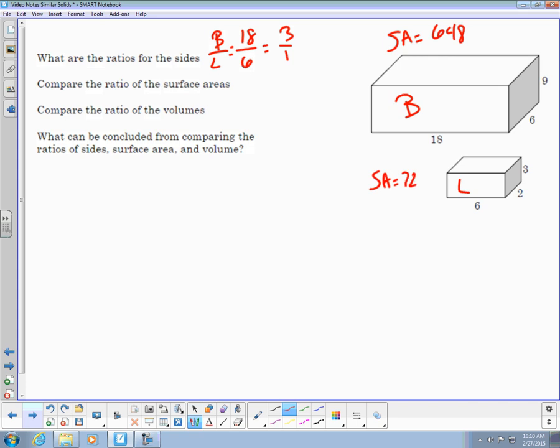You could get that by finding the area of each rectangle of all 6 sides or faces and adding them together. You get 648, and do the same thing for the little one. So when I write these ratios, big over little, that's 648 over 72. And when I simplify that ratio, I get 9 over 1, which is the same thing as 3 squared over 1 squared.